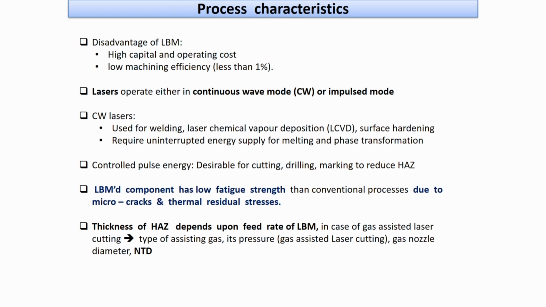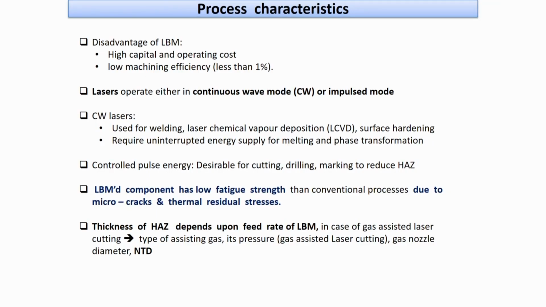And its machining efficiency is less than 1%, which is very low. That's why it becomes less competitive with the other conventional machining operations. So high capital cost, high operating cost, also low machining efficiency, less than 1%.